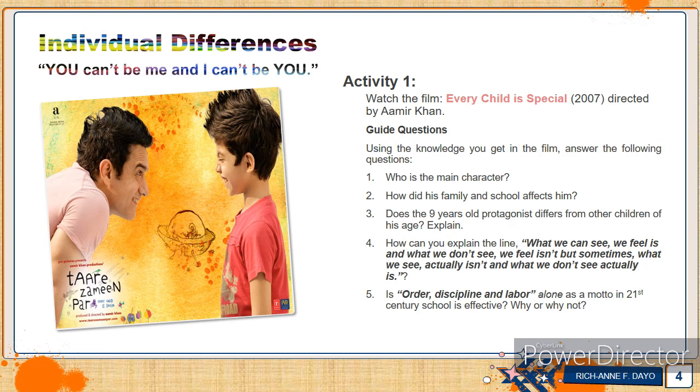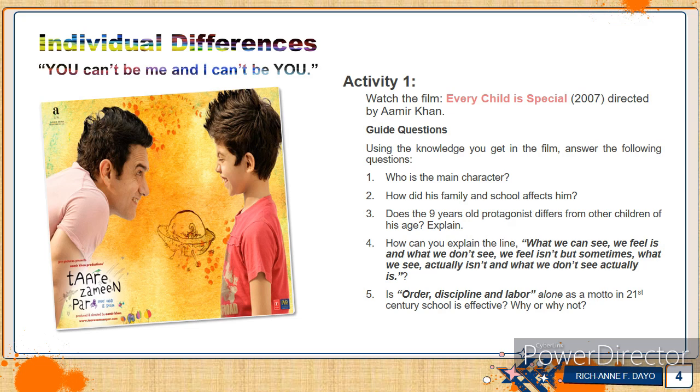After watching the movie, answer the following questions. Number 1. Who is the main character? Number 2. How did his family and school affect him? Number 3. The 9-year-old protagonist differs from other children of his age. Explain. Number 4.